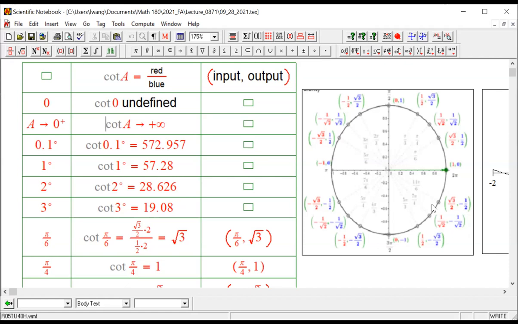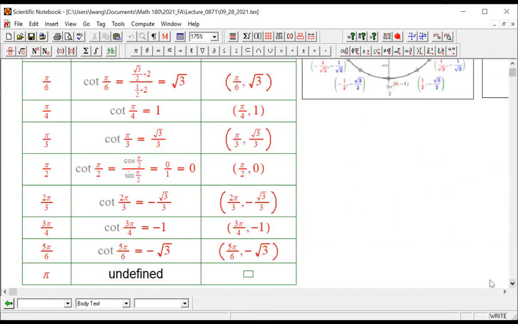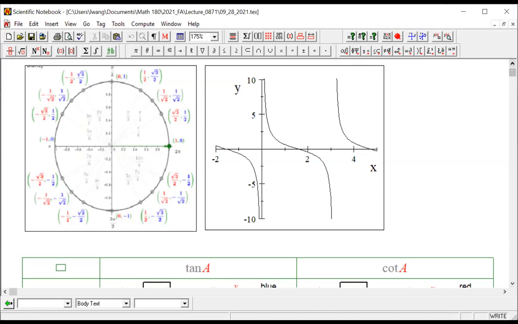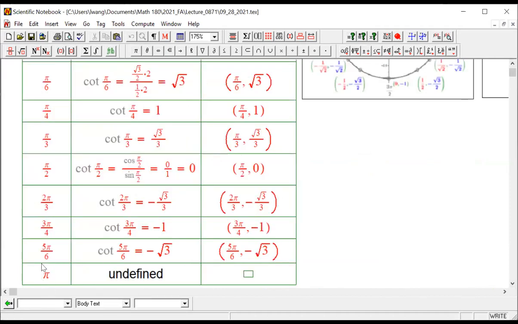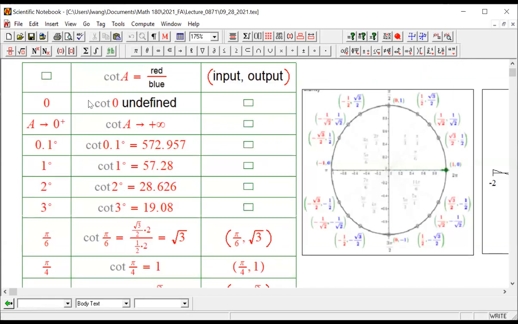So let's look at the other side, closer to pi. We know at pi, cotangent is undefined. Cotangent is very similar to tangent, but tangent is between negative pi over 2 and pi over 2, while cotangent is between 0 and pi, and then there's another period from pi to 2 pi, 2 pi to 3 pi, so it's periodic.